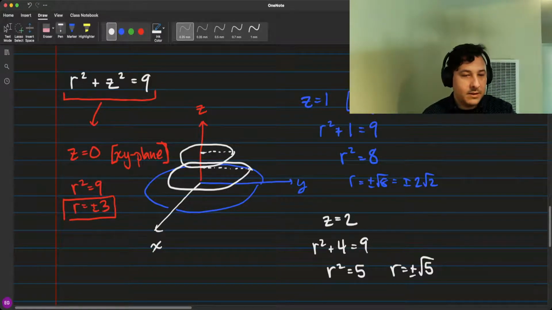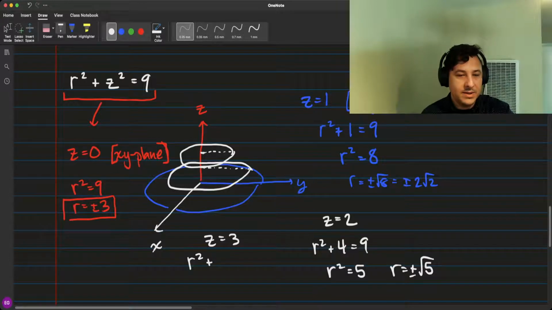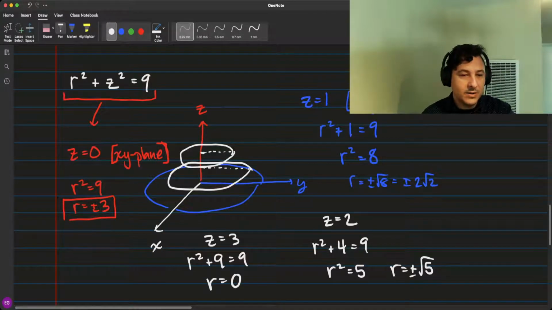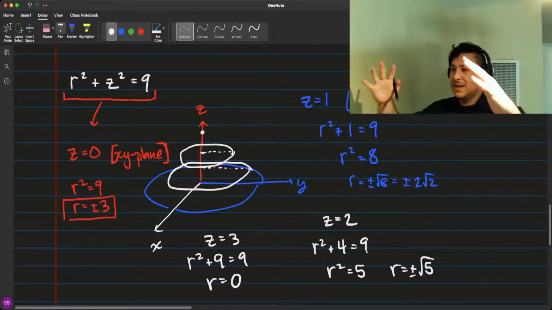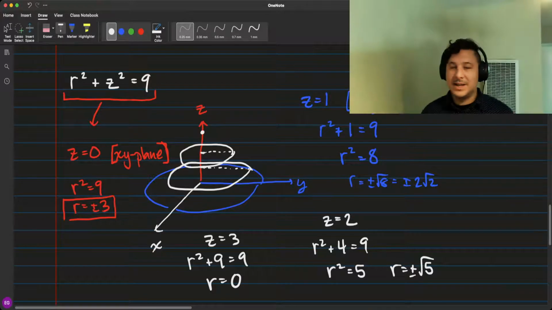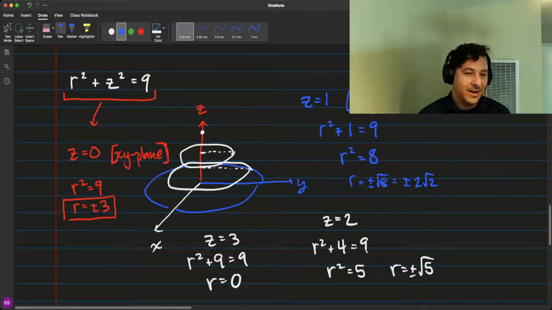Okay, and then what happens if you go to z equals 3? If z equals 3, you get r squared plus 3 squared, which is 9, equals 9. So r equals 0, which means at 3 you get this point. I'm getting circles that get smaller as I go up, and what you end up getting is a sphere.